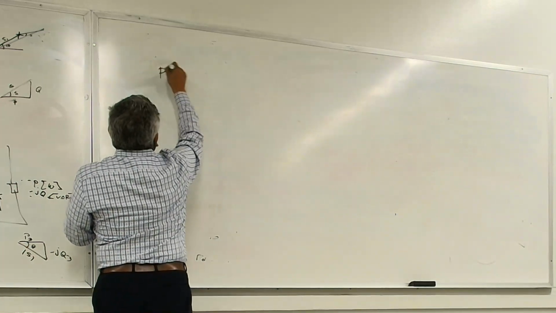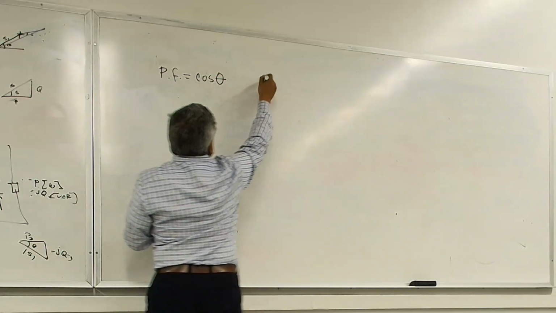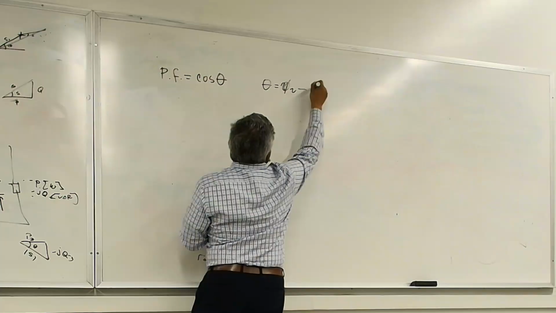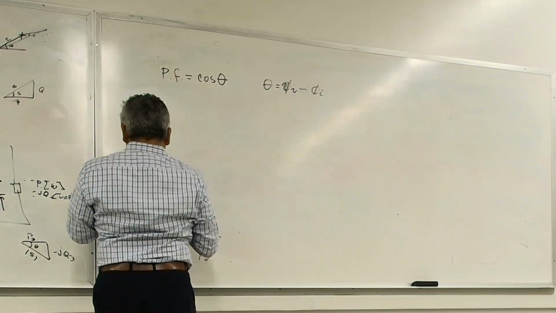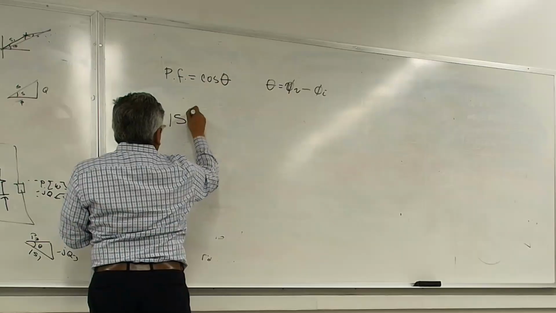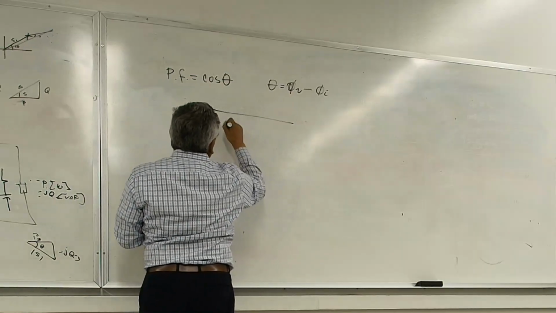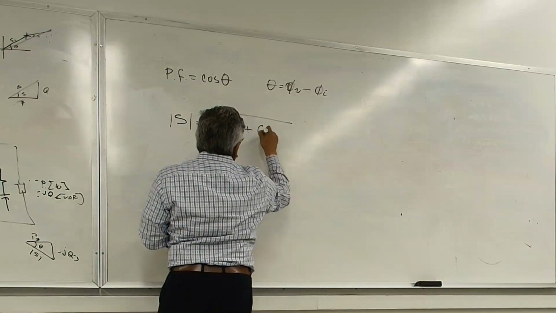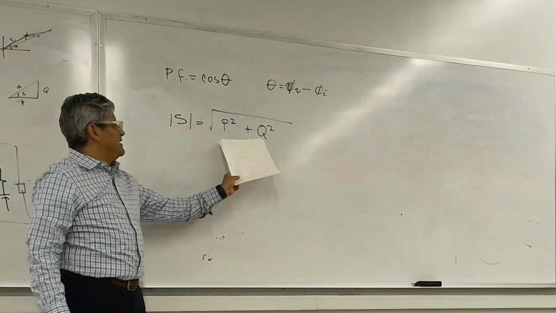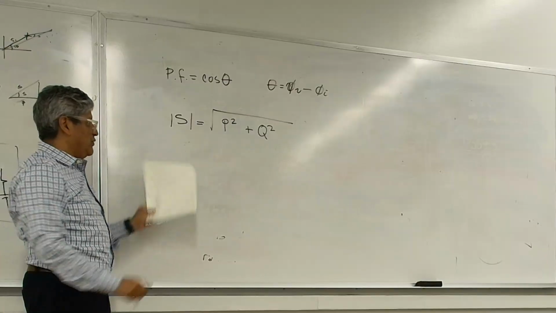Let me say power factor again is equal to cosine theta, where theta is equal to the voltage angle minus the current angle. Okay? If you want to know the magnitude of the apparent power, and you know the real power and the reactive power magnitude, you can take the square root of P squared plus Q squared, and it gives you the magnitude of the apparent power.